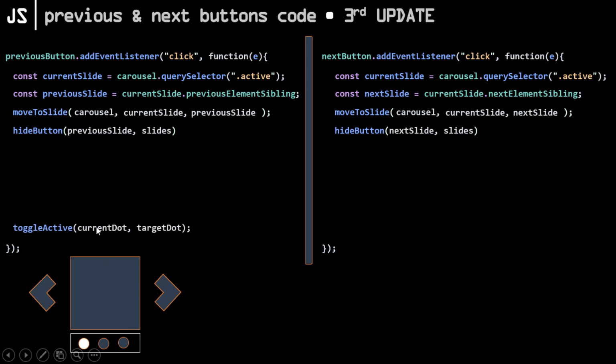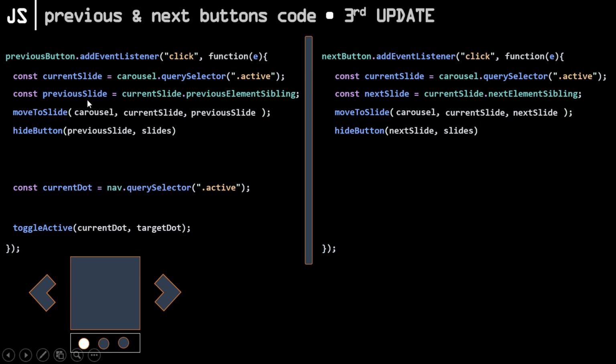The current dot is known by the active class name, so I will simply select this element here using query selector. Now I need to know the target dot. To know the target dot, I simply need to know the previous slide index.